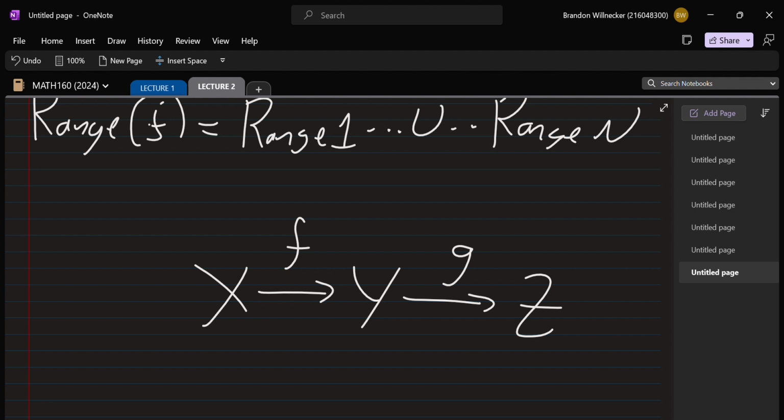So, how is this going to work? The range of f needs to be all of y, so that it can be the domain of g. And then that goes to z. You see, there's a lot of mixing going on here. If you don't know how to deal with the first part, dealing with the composition of these two parts is going to be crazy.